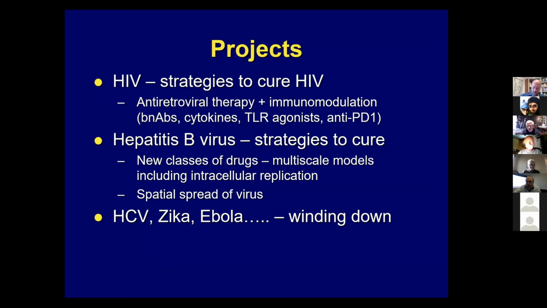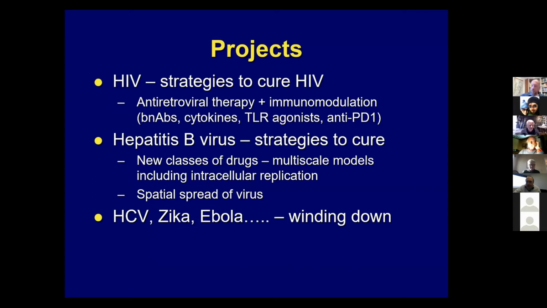Also, there's a big push now to try and cure hepatitis virus. That's a virus that infects the liver. There's about 300 million people that are infected with it. And just as in HIV, it's not yet curable. You can treat it with drugs, but it's basically lifelong therapy.